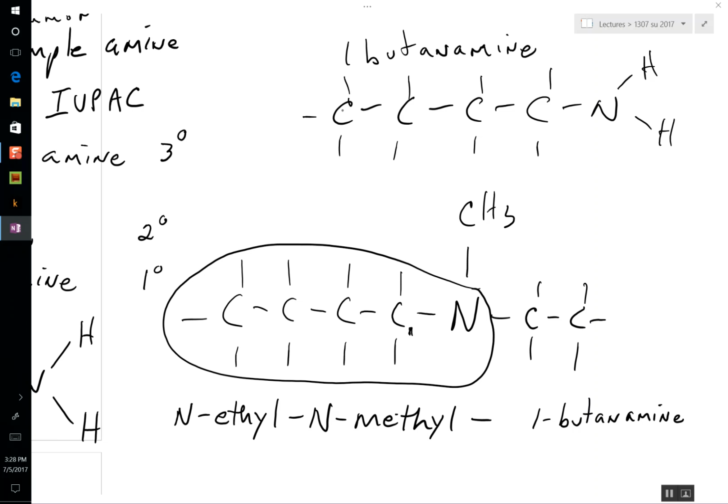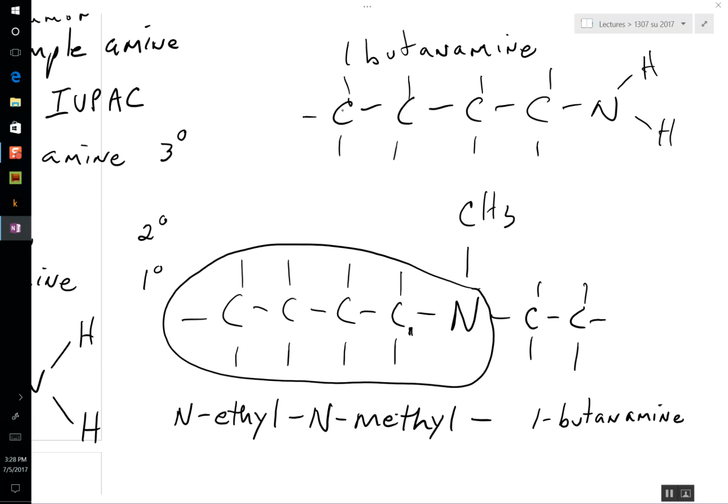Or where that ethyl group is. N-ethyl, N-methyl, dash 1-butanamine. Okay, and that's an IUPAC name.